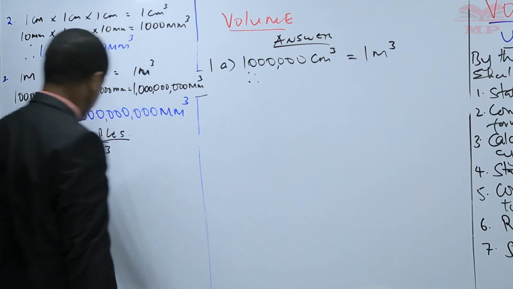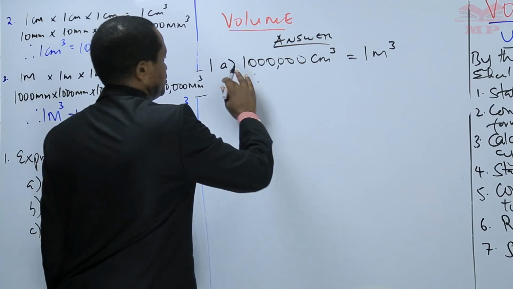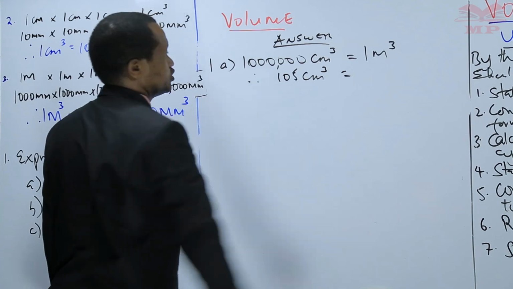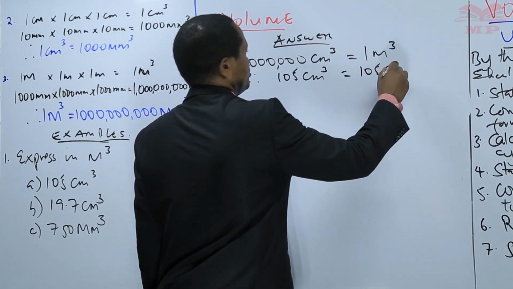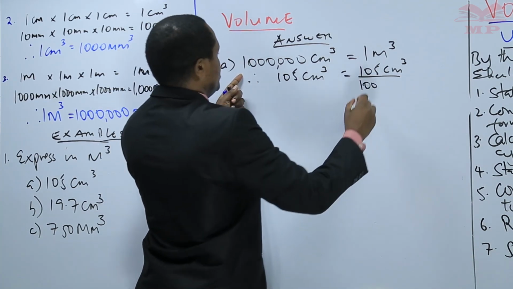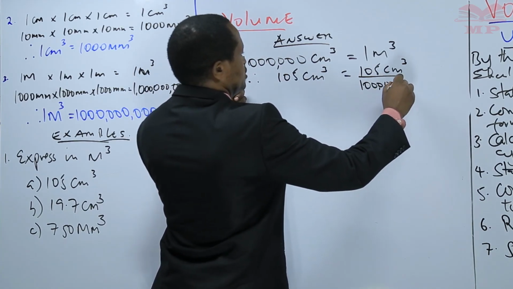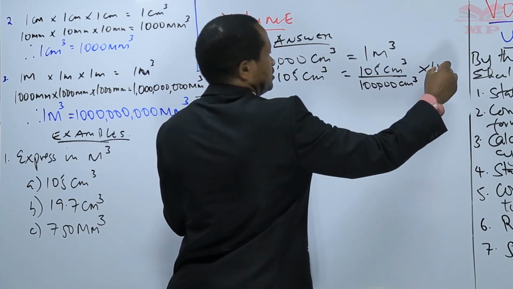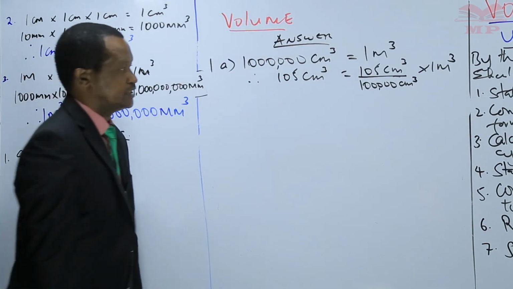Therefore, 105 cubic centimeters will be equivalent to how many cubic meters? So here we get the reciprocal: 105 cubic centimeters divided by 1 million cubic centimeters, times 1 cubic meter.